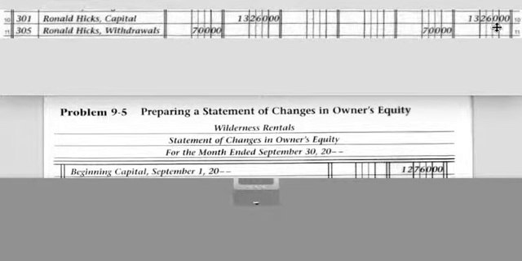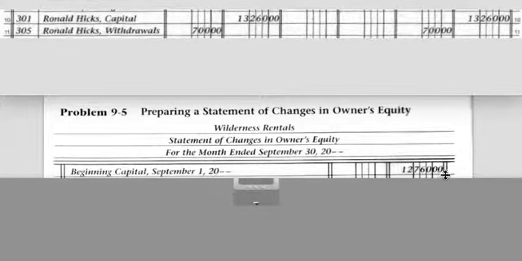So we had $13,260 as an ending balance. During the month, we had a $500 investment made. So to find the beginning capital balance, you take the $13,260 and you subtract the $500 investment made during the month.